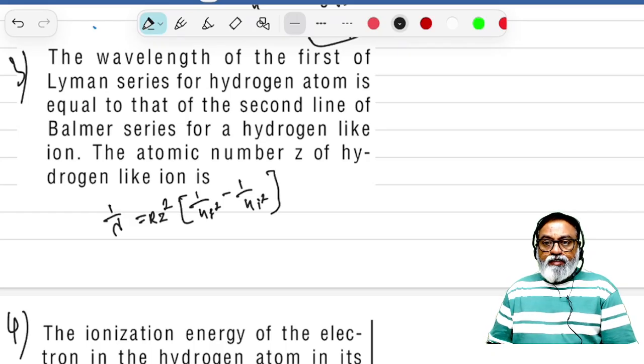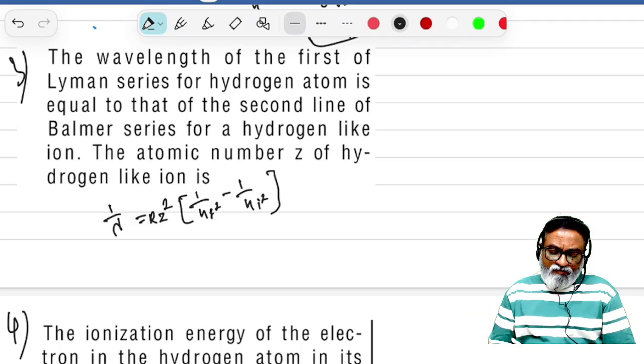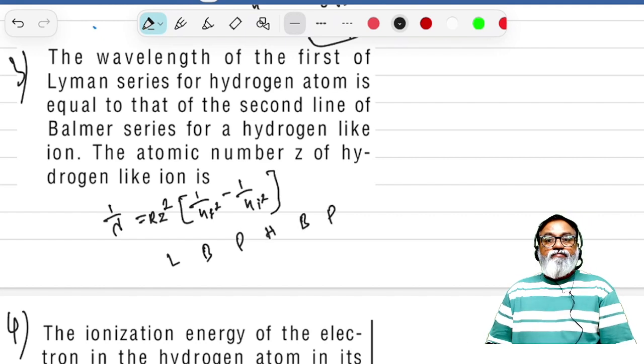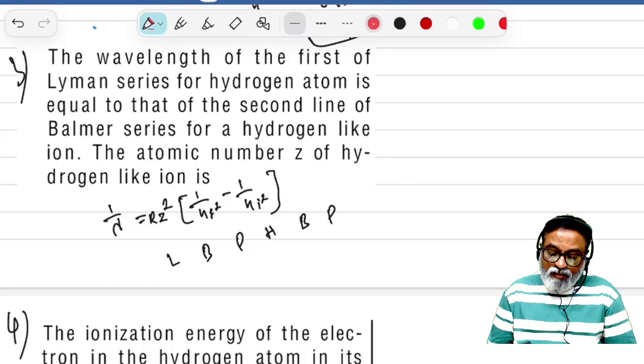See, in this hydrogen spectrum, for the different series, Lyman series, Balmer series, Paschen series, there is a small trick. That is: low BP, high BP. After this, circle this one.